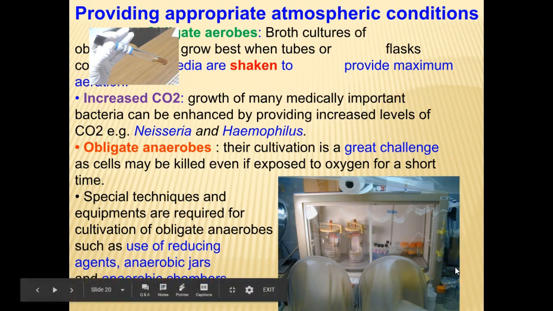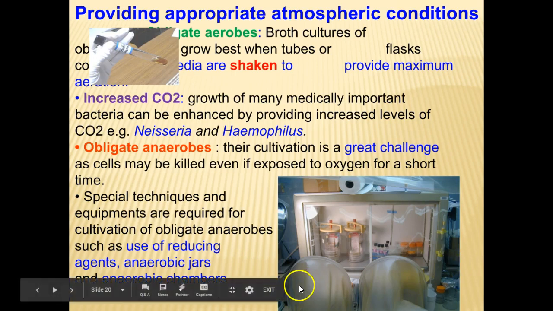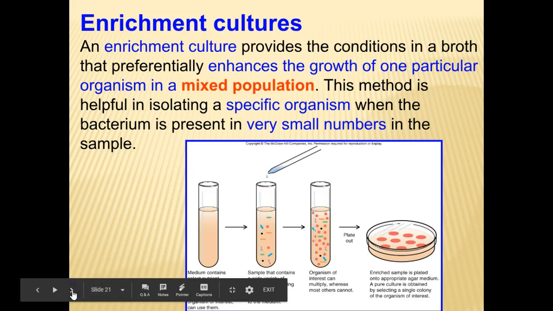That enables you to use a vacuum to extract the air out of that cylinder. Then you can transport it and put it in the chamber, and it stays in an anaerobic environment. That's an example of an anaerobic jar, and there are other reducing agents as well to be able to study anaerobic organisms.